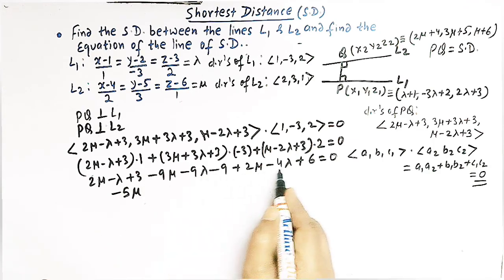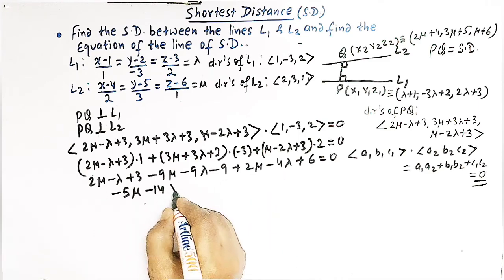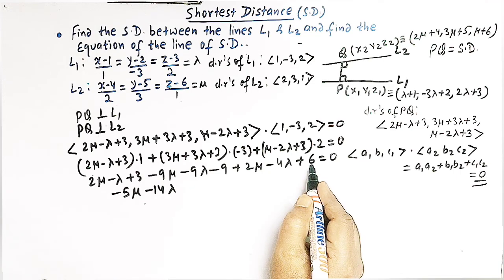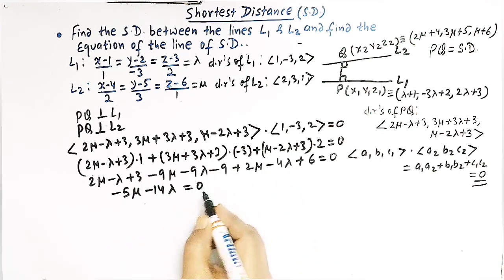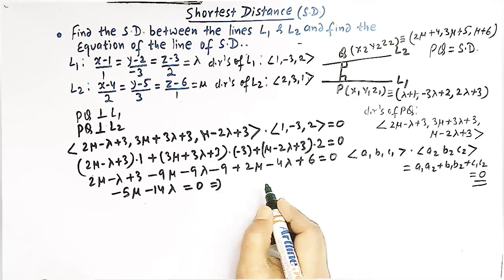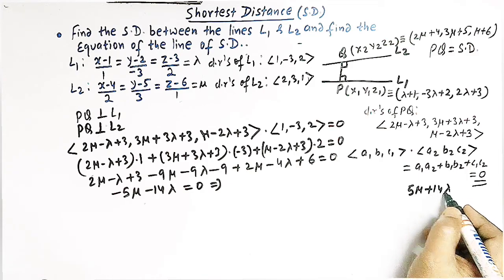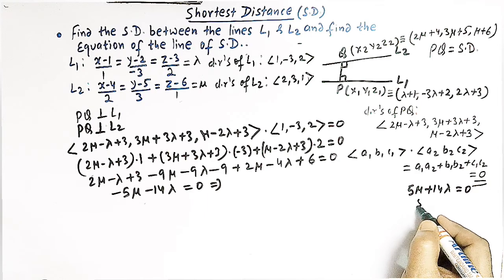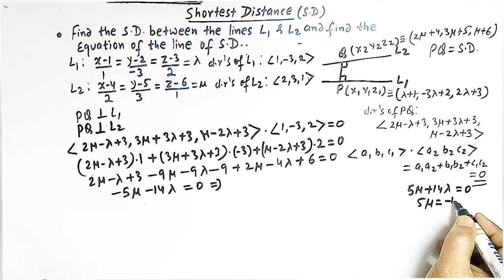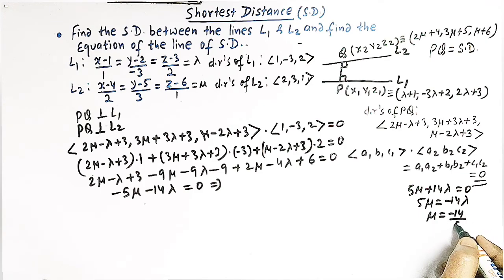So this is 9 plus 4 is 13, plus 1 is 14, and here we have 3, and 6, 6 plus 3 is 9, 9 minus 9 is 0. So we have this equation, that is 5 mu plus 14 lambda is equal to 0. So we can also write it as 5 mu is equal to minus 14 lambda. So mu is minus 14 over 5 times lambda.